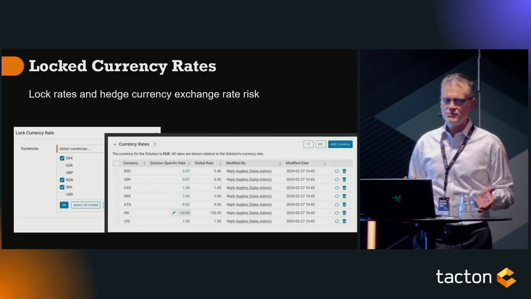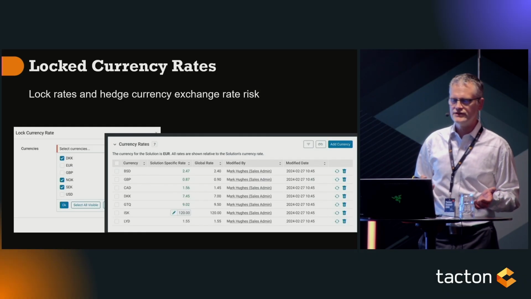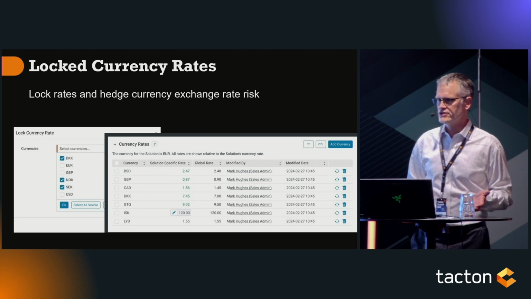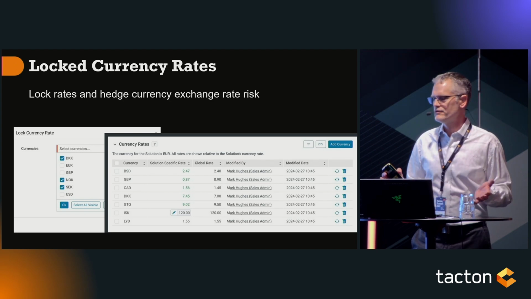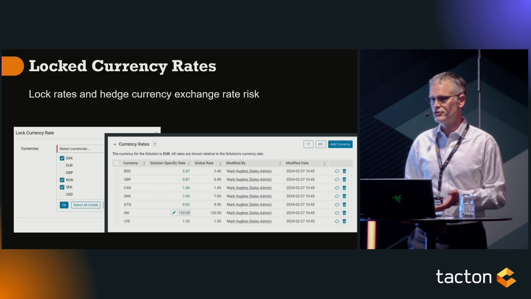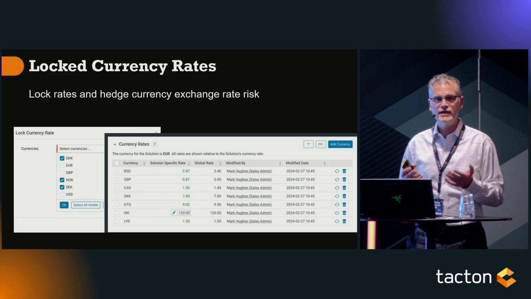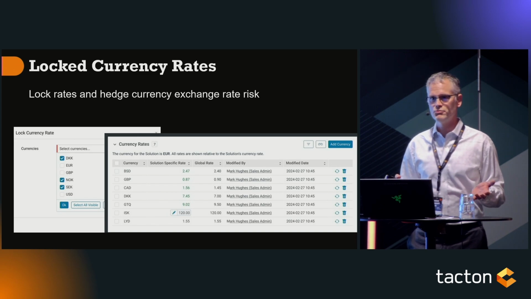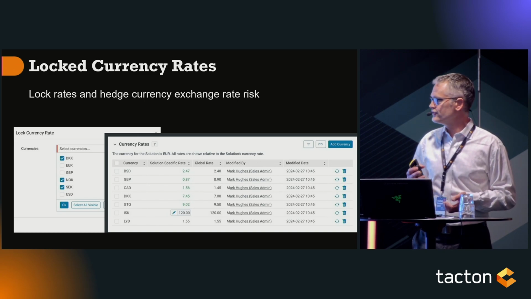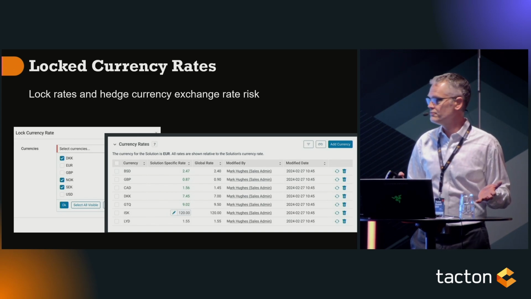So one of the capabilities that we have is the ability to lock the exchange rates. That means you move that out of the equation from the CPQ process and hand it over to your finance department instead. And they get to hedge that risk on the open market. That's usually the preferred way in large companies to deal with this.